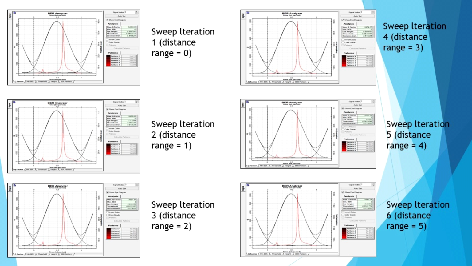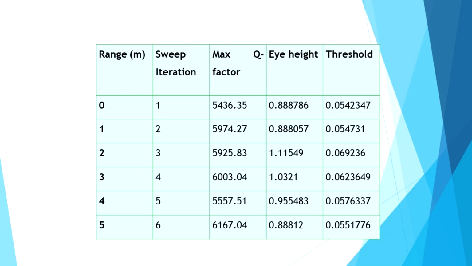we use the BER analyzer to identify the graph for the eye diagram and the Q factor for each sweep iteration, with the distance range within 0 and 5 meter and the sweep iteration from 1 to 6. Then, as you can see, the table for the maximum Q factor, eye height and threshold is slightly different.